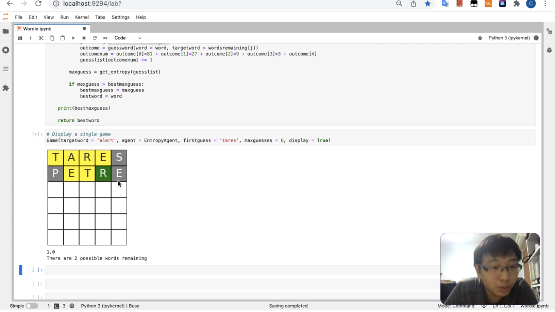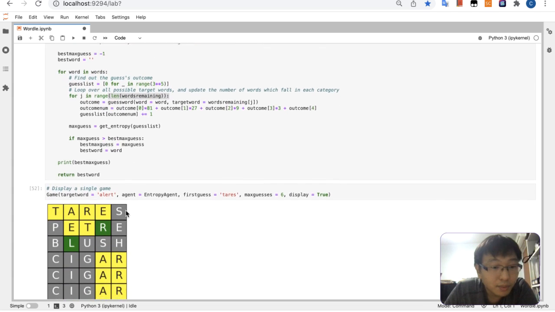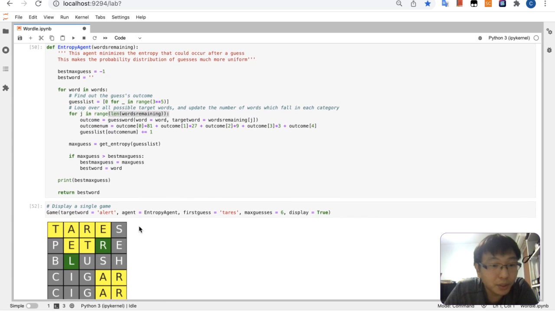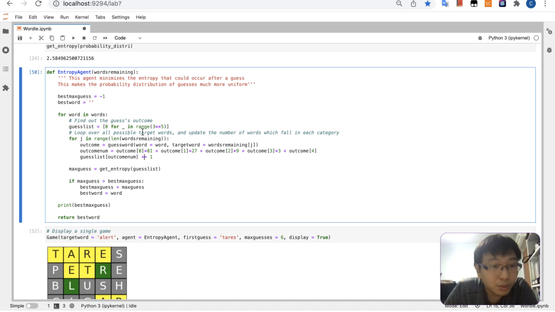But we shouldn't do that. See, zero. Cigar is zero. And I guess if we guess alerts, this would hit all the clues. I guess the entropy is zero.